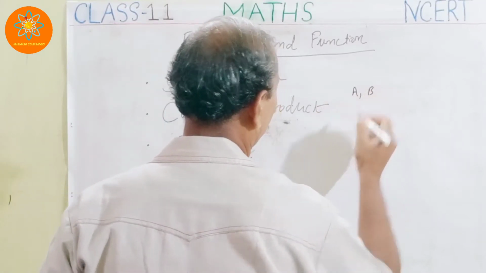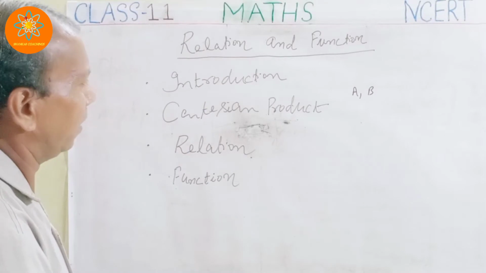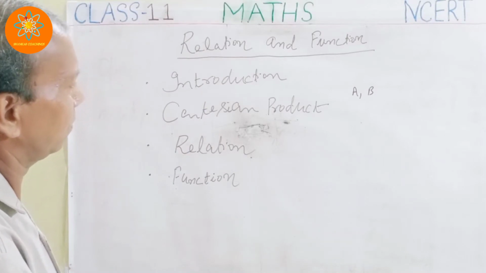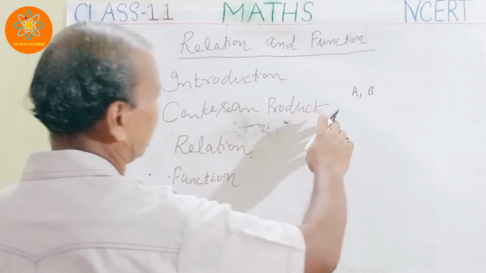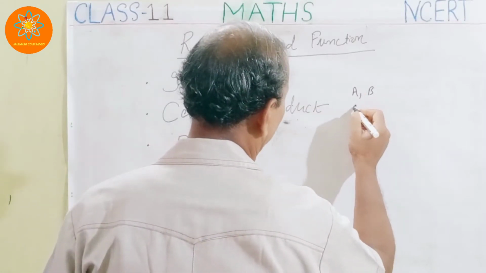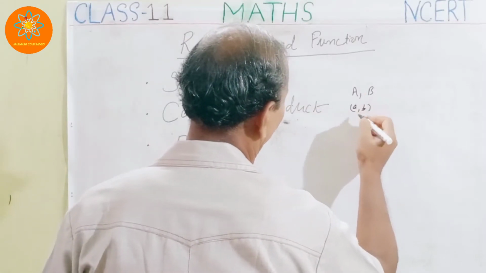A and B are the two sets, and let's suppose I take ordered pairs like this, (a, b).